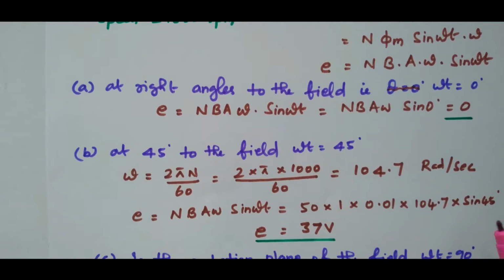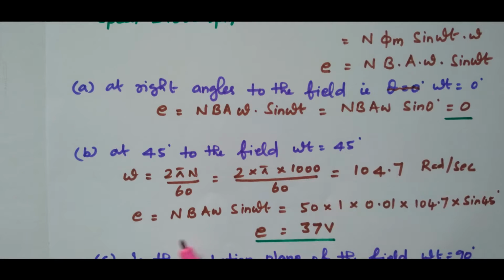Next, at 45 degrees to the field, that is ωt equals 45 degrees. Here we need the ω value. ω equals 2πN divided by 60, so 2 into π into 1000, the speed of rotation, divided by 60, gives 104.7 radian per second.